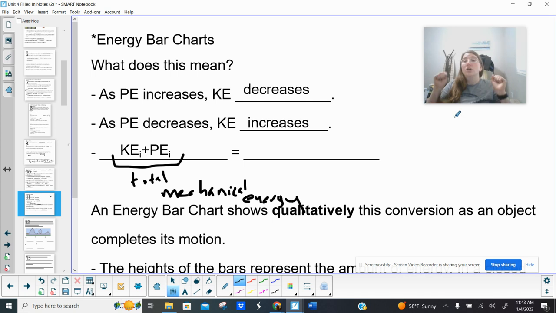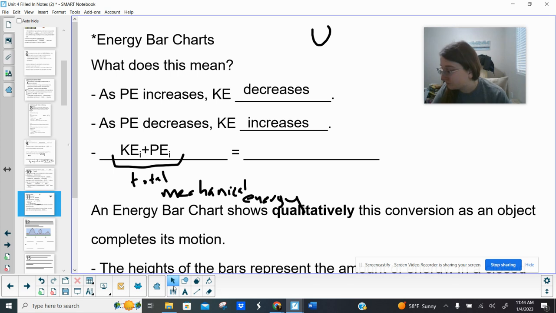Okay, there we go. So total mechanical energy is kinetic energy initial plus potential energy initial. Occasionally, you will see PE for potential energy. It's actually usually U, but in this case, we can say PE. So my total initial is going to equal my total final, because my energy is just getting converted.